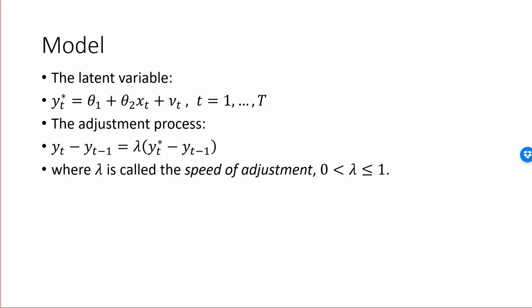If it's equal to 1, then the adjustment is instantaneous. That would correspond to the case of no inertia at all in the system. The smaller the lambda, the smaller the adjustment, that is, the smaller the speed of adjustment is.